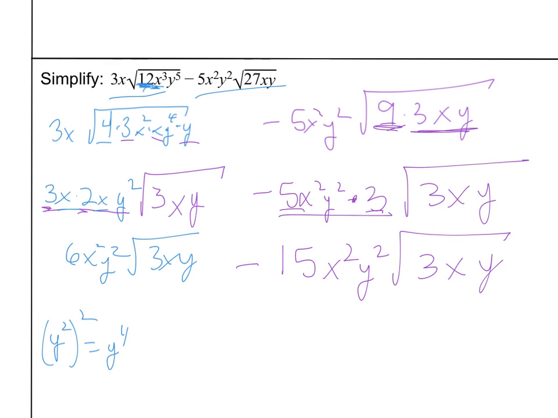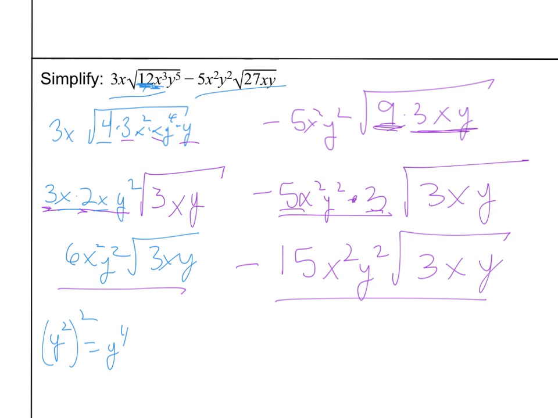Now the last step is just to look at this term and see if they're like terms. And basically, if the variables and powers are the same, if the radicals are the same, and what's inside the radical is the same, then they're alike. But if any part of that is different and it's simplified as far as you can, then they're not alike. So since these both have x squared, these both have y squared, they both have a square root of 3xy, they are like terms.